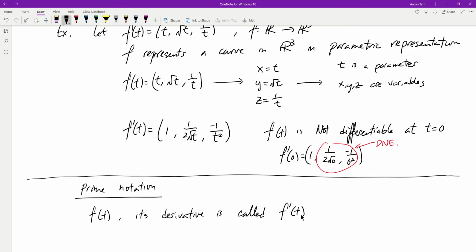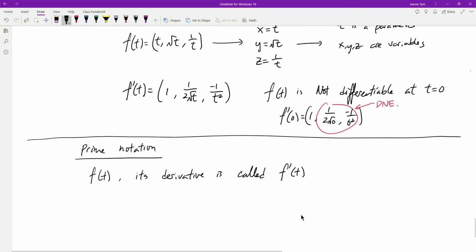Okay? Now, however, you might define one of these functions, because it is a vector output, using what we call vector notation. And when that's the case, we're basically defining vector x to be equal to f of t.